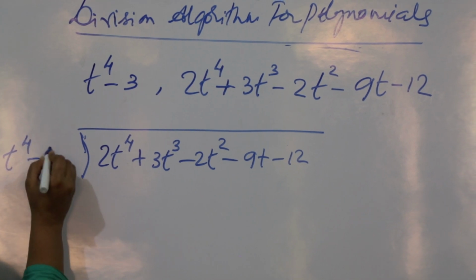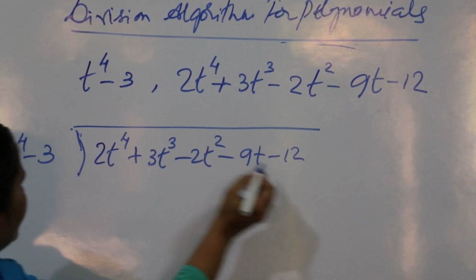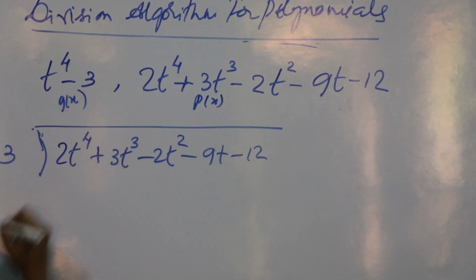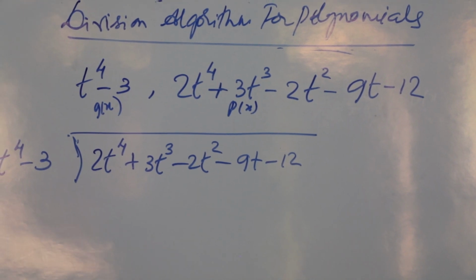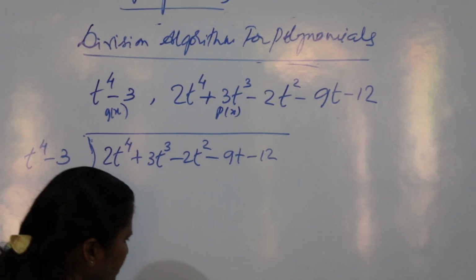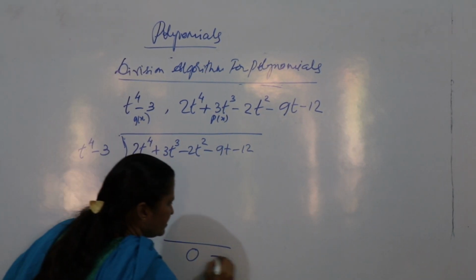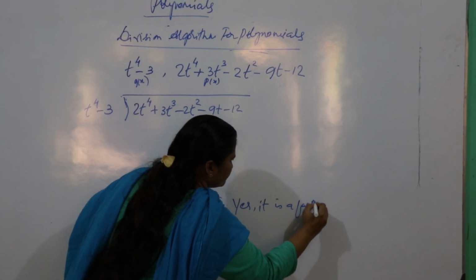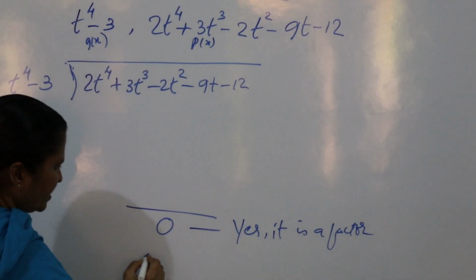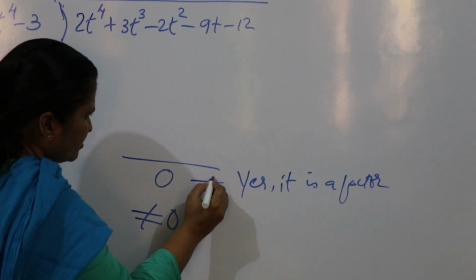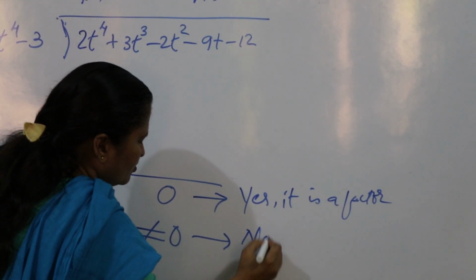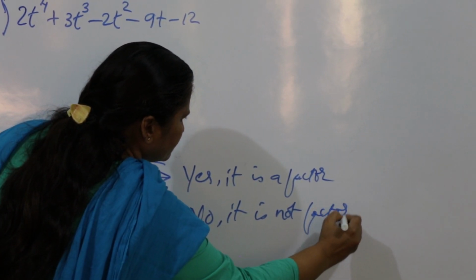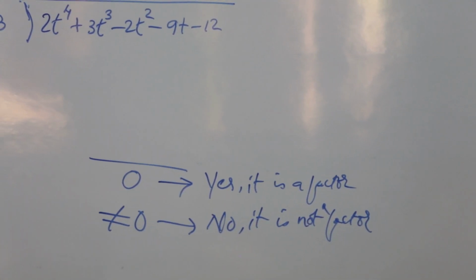We have to divide P of x by G of x. This is our P of x and this is our G of x. When you divide, if the remainder is 0, then yes, it is a factor. If remainder is not equal to 0, then no, it is not a factor.